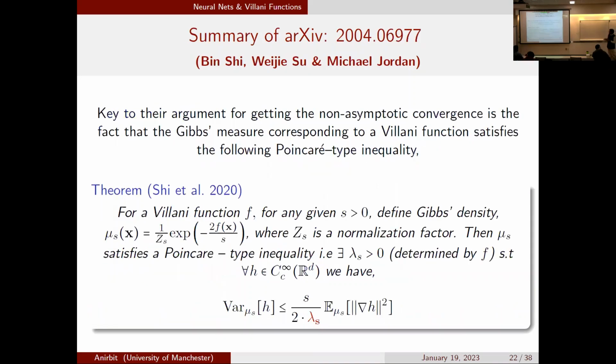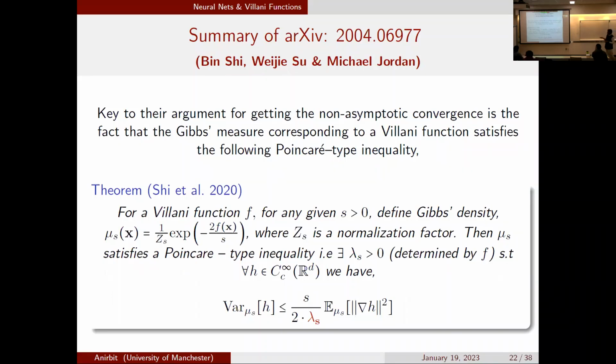So their key idea was to say that if you have a Villani function f, then you can define a Gibbs density for it and show that the Gibbs density satisfies a Poincaré type inequality. So the variance of any compactly supported infinitely differentiable function is upper bounded by s over 2 lambda s times the expectation of the square of the norm of the gradient.